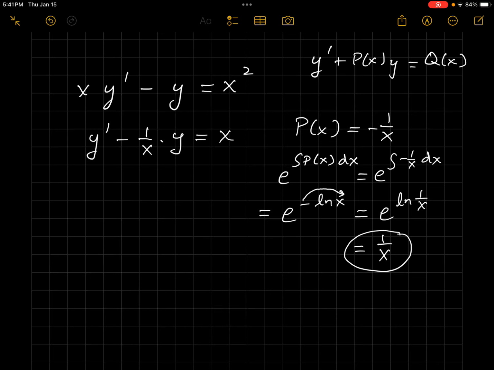So I can rewrite my differential equation, multiplying everything by 1 over x. I get y prime times 1 over x minus 1 over x times 1 over x times y equals x times 1 over x, or 1.